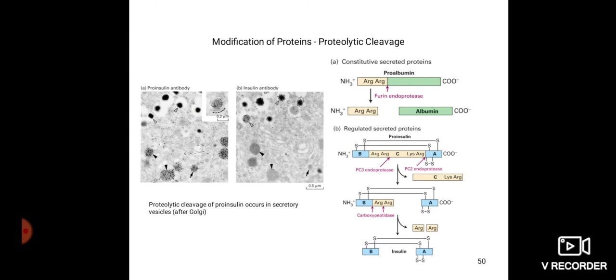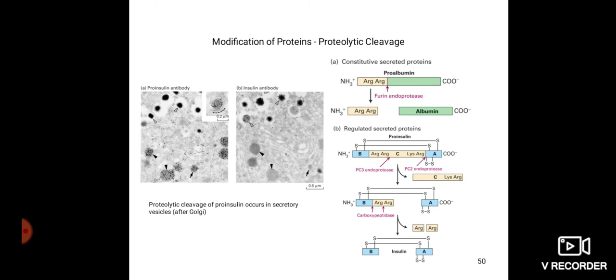In case of insulin, it gets synthesized as a proinsulin, consisting of both A and B chains and the C peptide together. Then by the enzyme endoproteases, the C peptide will get removed, leaving the A chain and B chain separately.